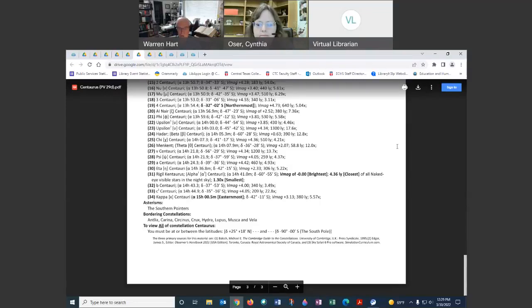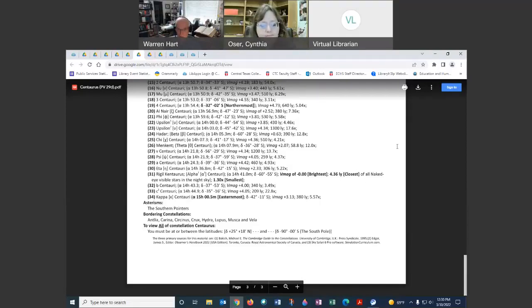It's 4.36 light years away from us. It is the closest one of Centauri, and it's also the closest star after our sun that we can see with the naked eye.